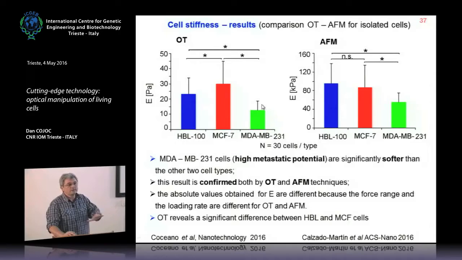This means that both techniques work well, even if, notice how big a difference there is between the elastic modulus measured with optical tweezers, tens of Pascal, and with AFM, tens of kilopascals. And this is explained because we have different loading ranges. The cell answers differently.